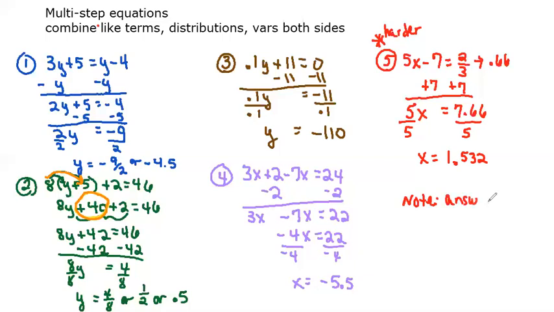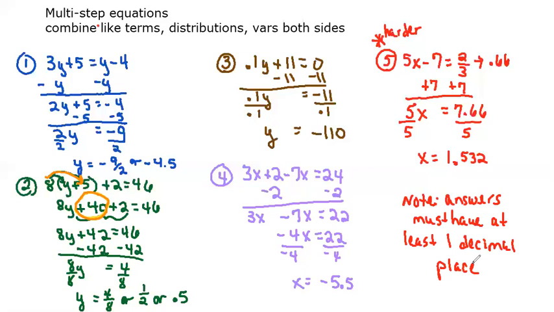Answers must have at least one decimal place. Okay, if you want to go to 2 decimal places, that's fine, but it has to have at least one. Sometimes I'll string them out even further. All right, so there are some basic multi-step equations that you can use for today's lesson.